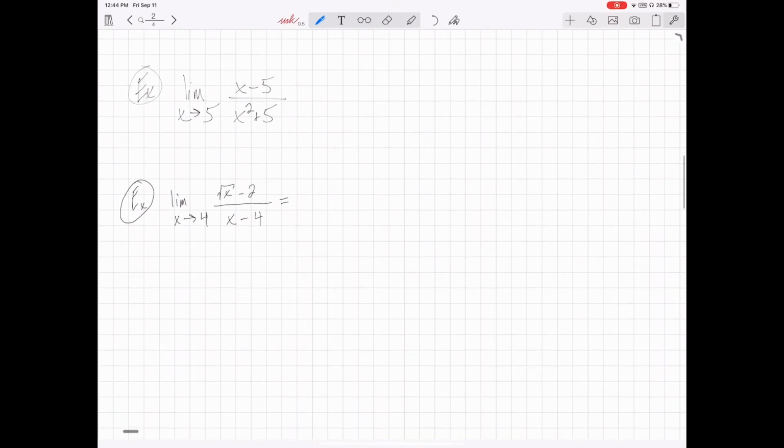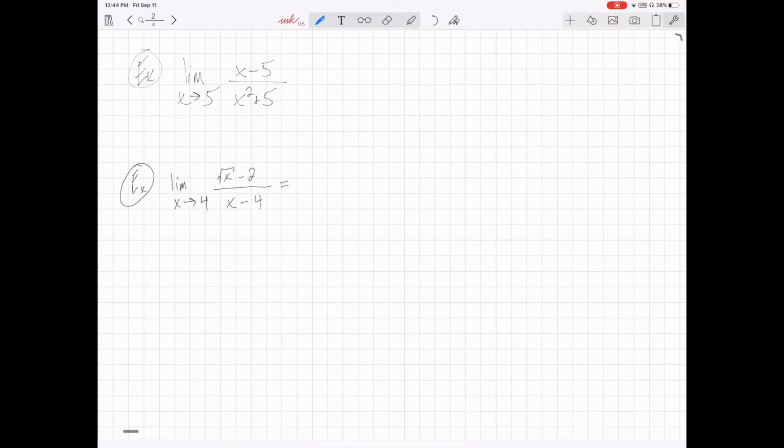Okay, if we look at this next one, I'll keep red. Plug in the 5. I get 5 minus 5, which is 0. And in the denominator, I would get 5 squared plus 5, or 30. These are typically translated, no matter how many times I repeat this, as all sorts of things: indeterminate, does not exist, everything but 0.